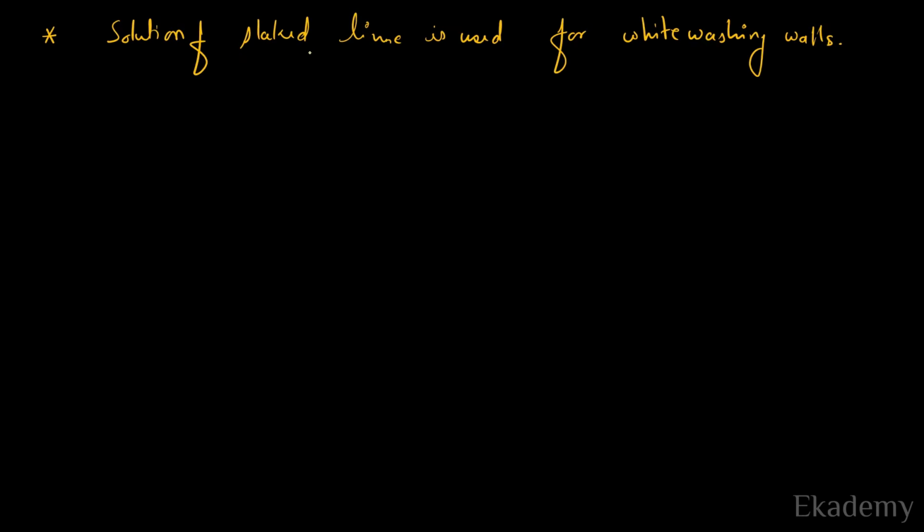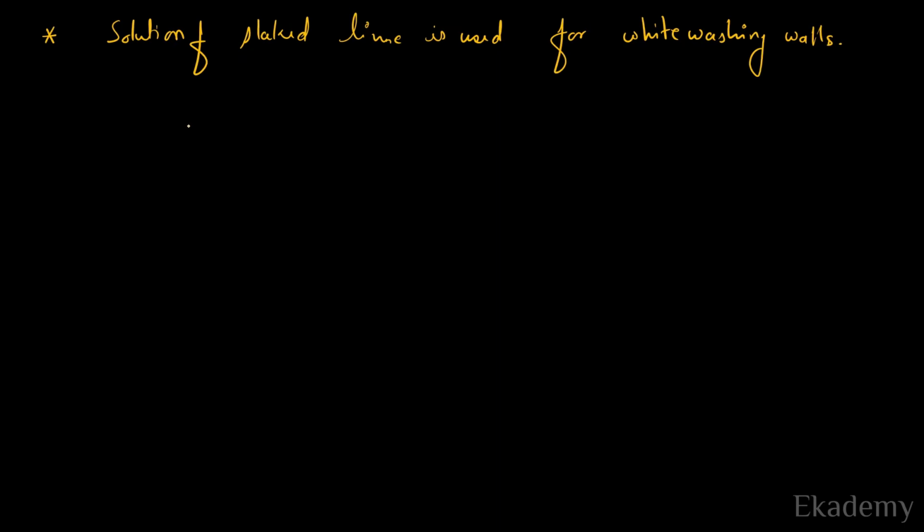Now, we already know that slaked lime is completely soluble in water, and hence this is a clear, transparent solution. Then why is it used for whitewashing?